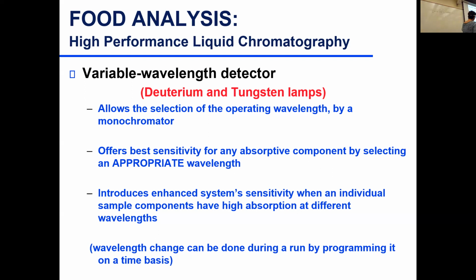But with the variable wavelength detector, sometimes you can monitor at two channels. You can say, okay, I'm doing proteins, so I'm going to look at 214 or 220 nanometers for peptide bonds, and I'm also going to look at 280 for absorption of the phenolic amino acids. So you can have two channels.